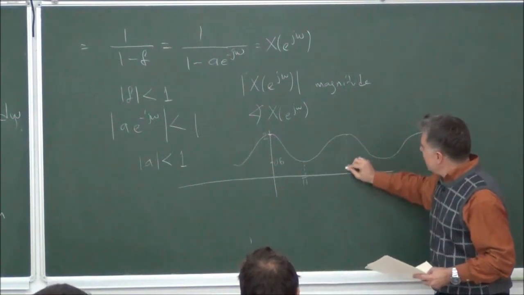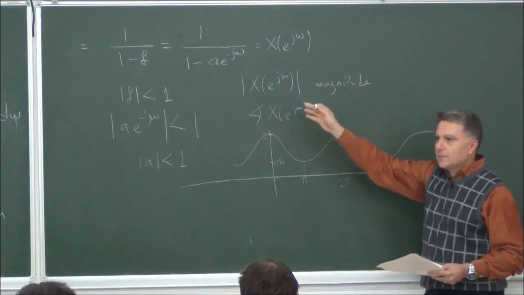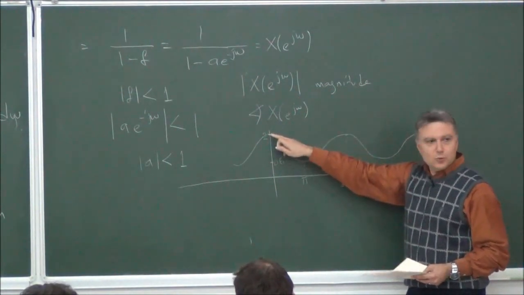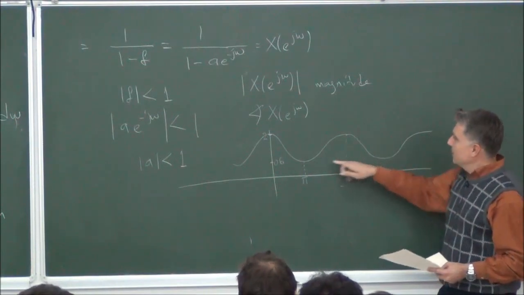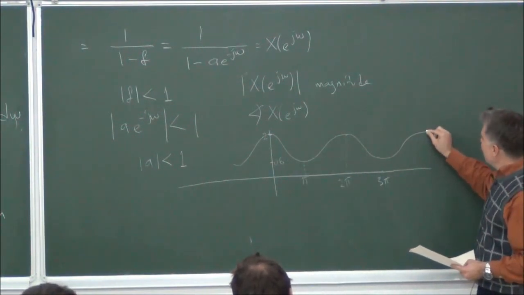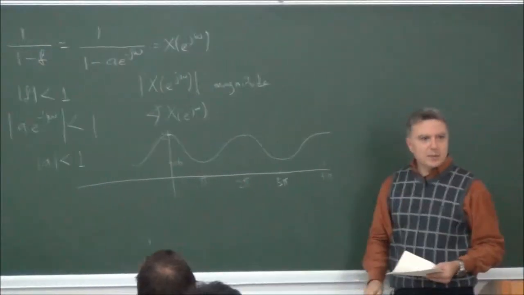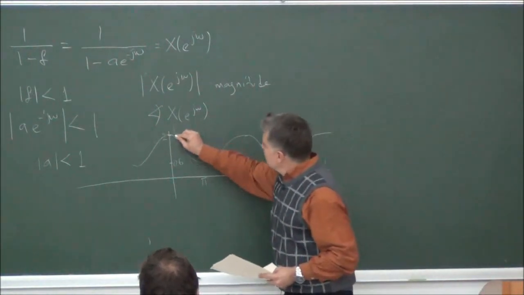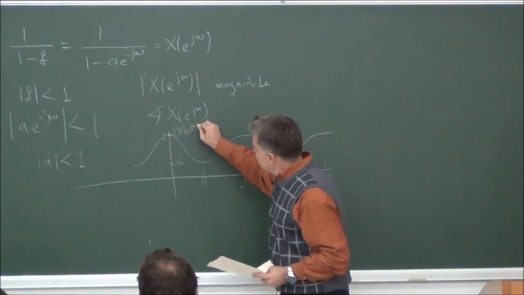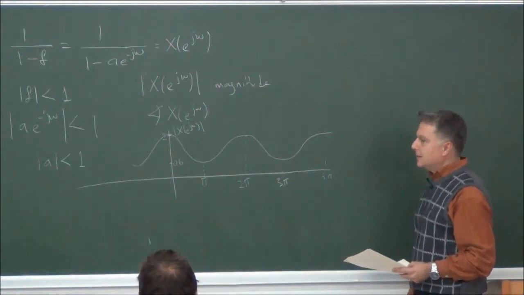And at 2 pi, e to the j 2 pi is again 1. So you get back to 2. At 3 pi, it goes down to this level. At 4 pi, it goes up again. And that's why everything is 2 pi periodic like this. The magnitude, this is the magnitude that I'm drawing here, is also showing the 2 pi periodicity example.